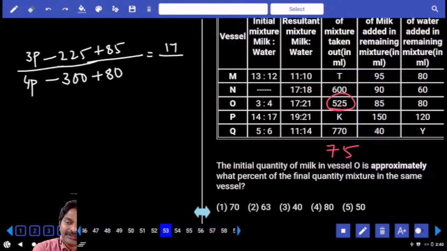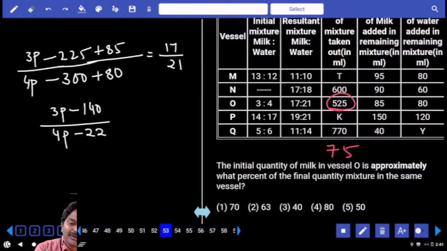Final ratio 17/21. 3 parts minus 140. 4 parts minus 220 is equal to 17/21.